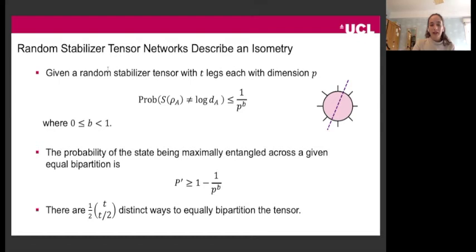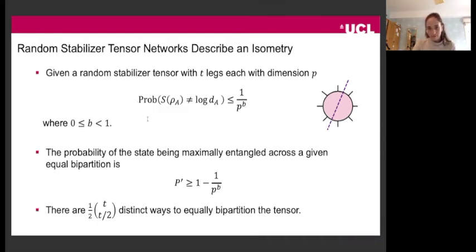So given a random stabilizer tensor with T legs, each with dimension P, we first found the probability that the entropy of the reduced state on equal bipartition is not maximal. And we do this by bounding tails of two designs, getting this 1 over P to the B, where B is something strictly less than 1.